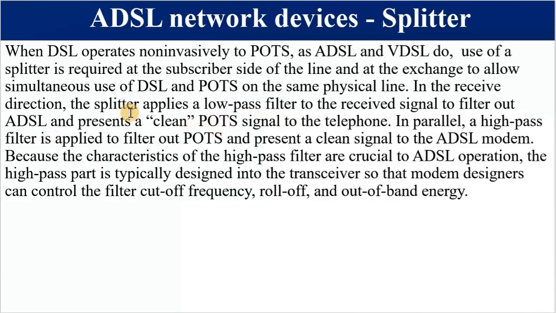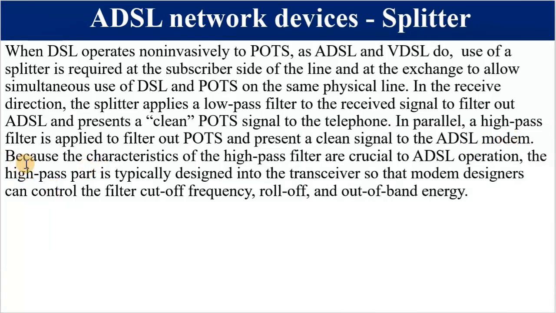So we are saying it filters out ADSL and presents a clean telephone signal to the telephone receiver. This is the function of the low-pass filter. And the high-pass filter attenuates or blocks voice while presenting a clean ADSL signal to the ADSL modem.